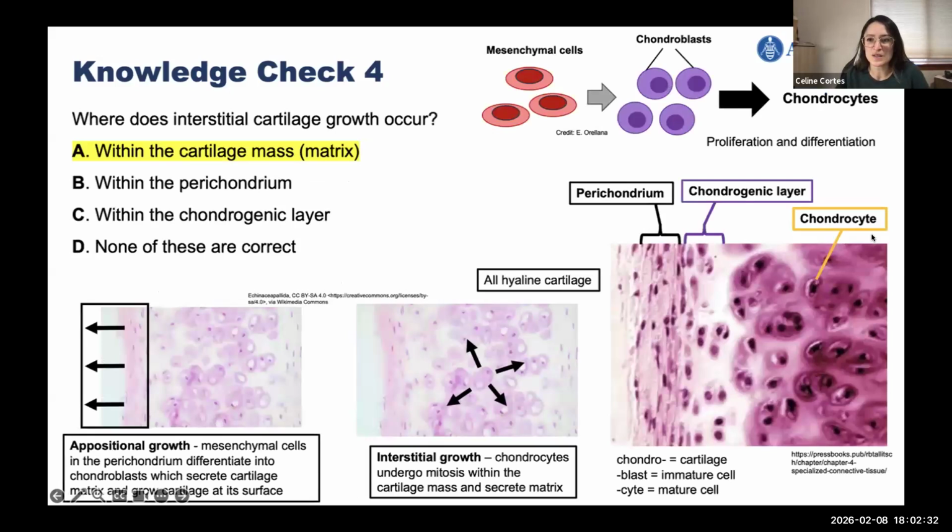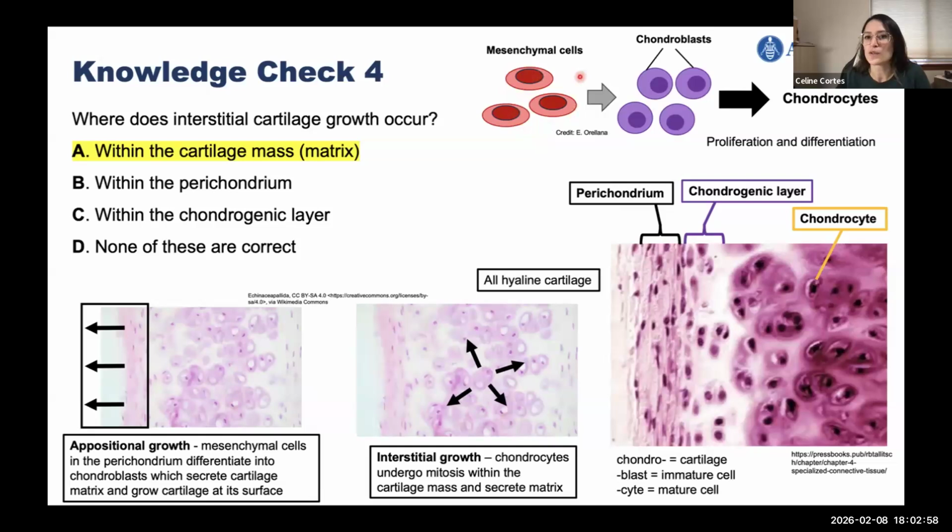This is a little bit of review on how cartilage grows and some of the cells that are involved in the formation of cartilage. Like other tissues, we start with an embryonic precursor, in this case, mesenchymal cells. These are like our embryonic stem cells that have the capacity to differentiate into different things.